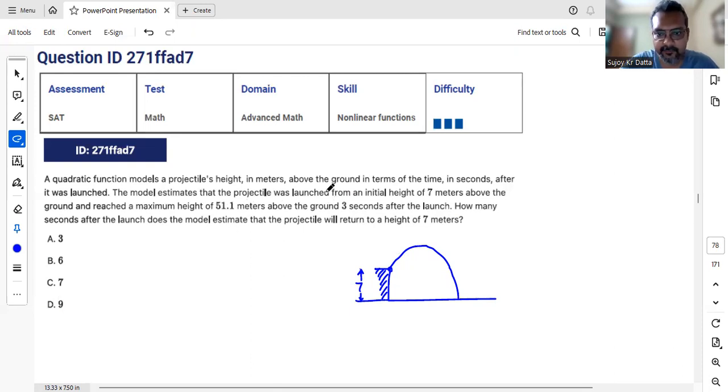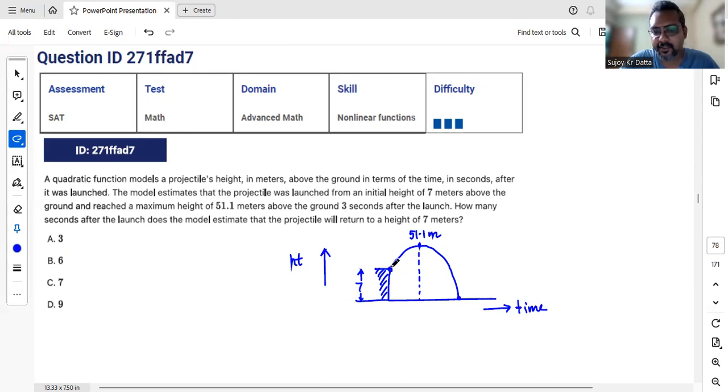So now it says that it reaches a maximum height of 51.1. So this is 51.1 meters, 3 seconds after the launch. So this axis is time, and this axis we are looking at is height, okay? Please don't confuse this with the actual movement of the projectile. I mean, this is not the trajectory of the ball I have drawn, okay?